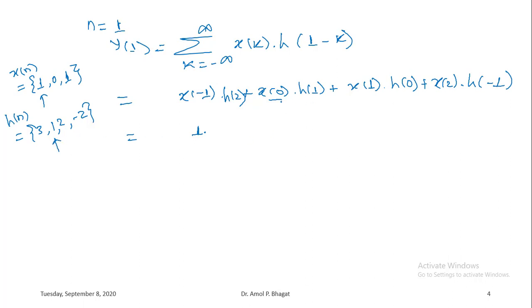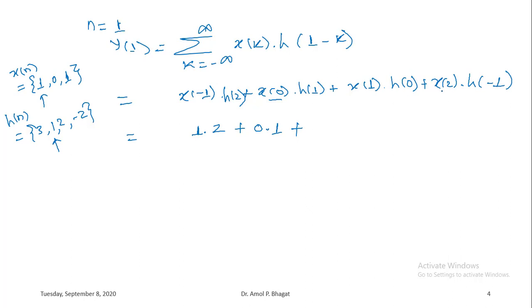So x of 0 is 1 here. H of 1 is 2, so x of 0 is 1 and h of 1 is 2. Plus x of 1 is 0, multiplied by h of 0; h of 0 is 1.